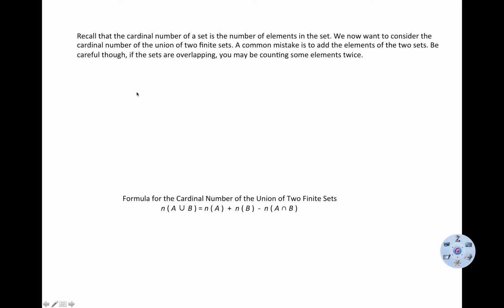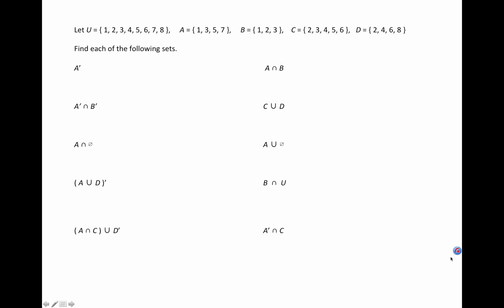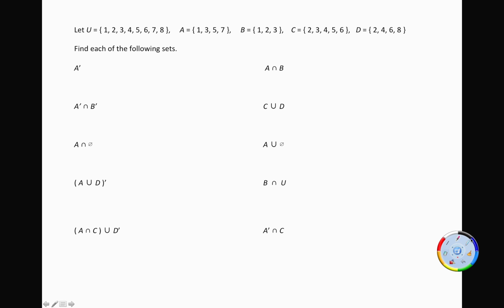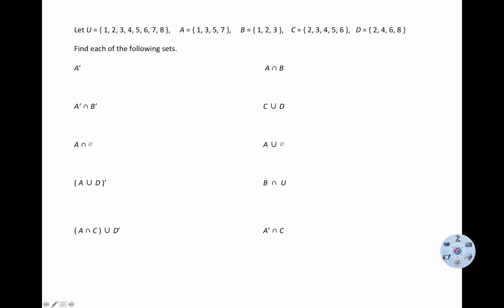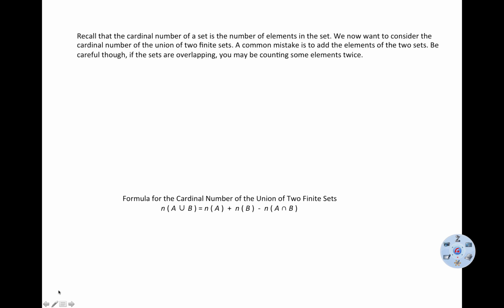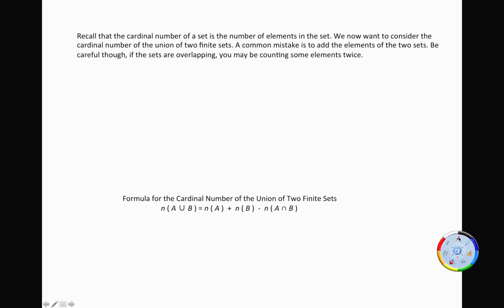So for example, let's say that A is the set {1, 2, 3}, and B is the set {3, 5}.